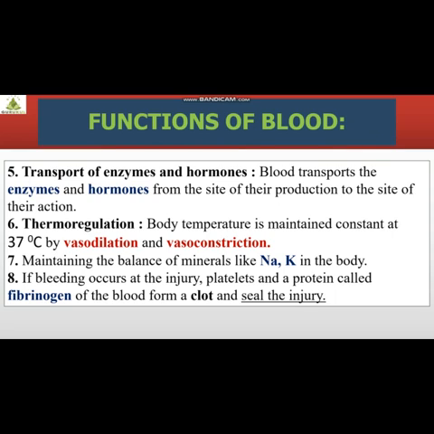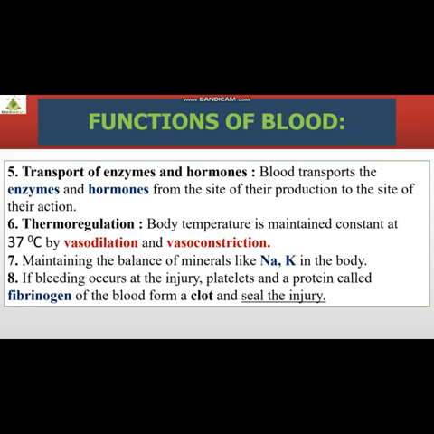Blood transports the enzymes and hormones from the site of their production to the site of their action. Hormones are basically chemical substances. So these two things are transported from the site where they are produced to the site where their action is required.